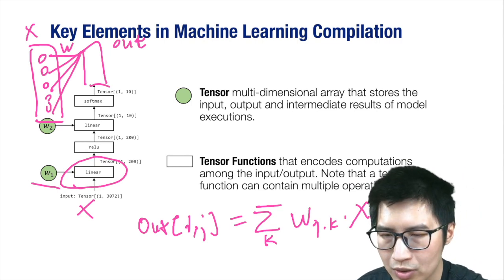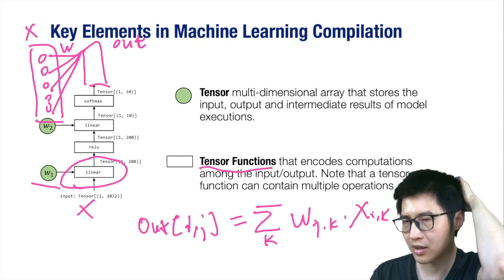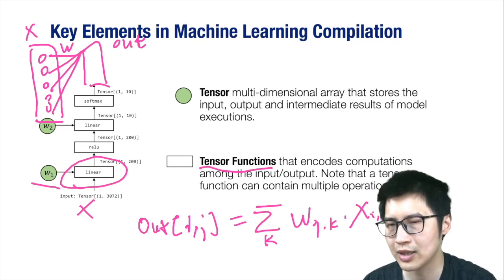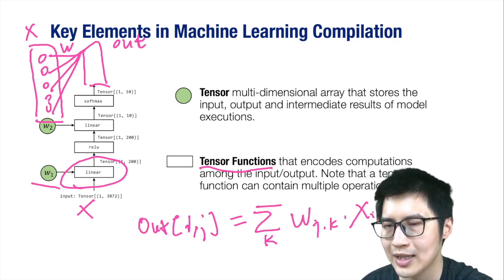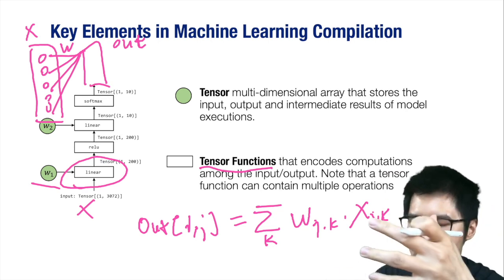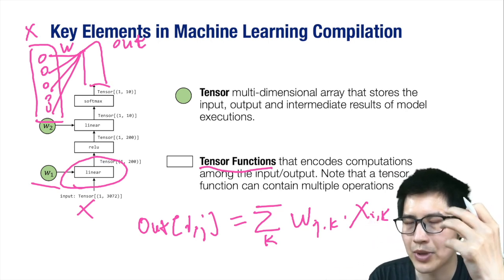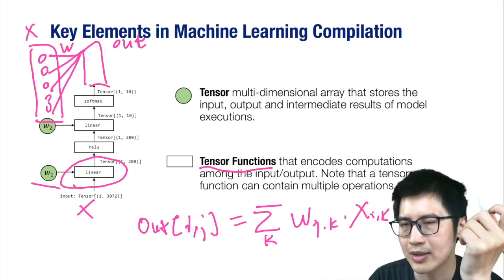One of the key things I want to note here is that a tensor function is not only used to denote a single box. In this case, a single box could correspond to a linear operator, but we can also use it to denote a sequence of operations.